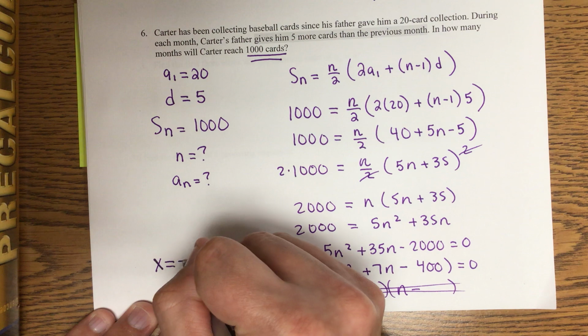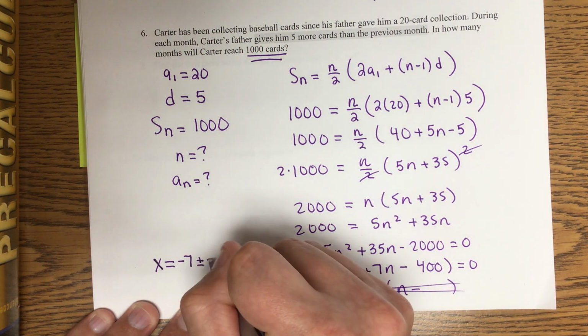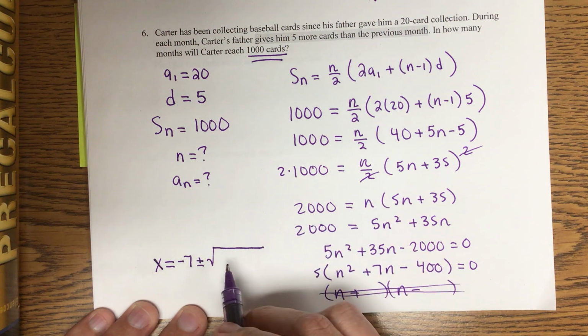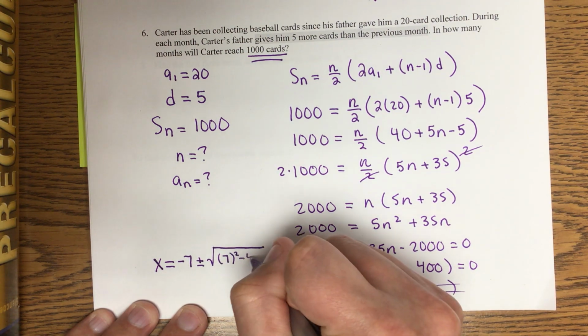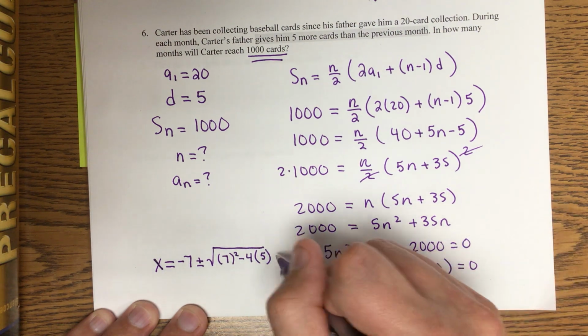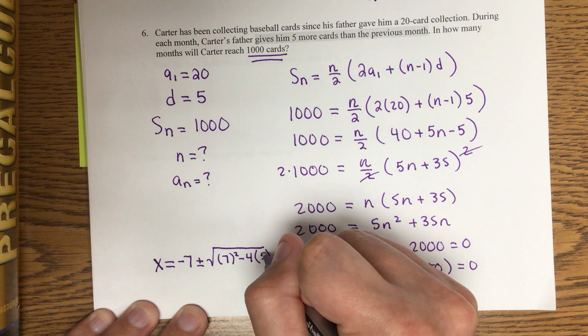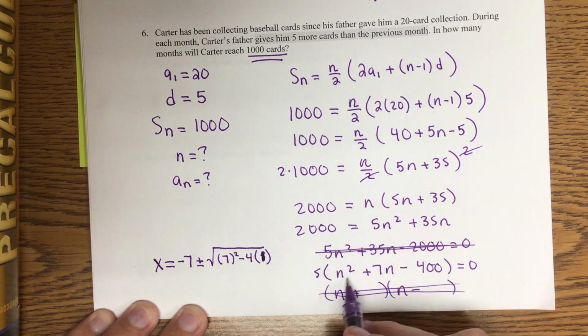So negative 7, so opposite B, plus or minus the square root. What am I talking about? This is really fun. 7 squared minus 4 times A times C. Oh, no, I'm going to use a 1 for quadratic formula, so I'm not using this one anymore. I'm going to use this one.